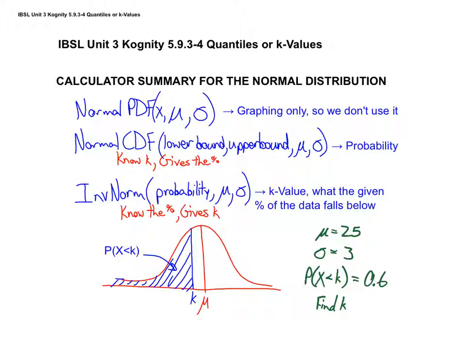Now, what do I know about that value, first of all? How are you supposed to know anything about x? Well, think about what you do know in the problem. If I wanted the probability that x is greater than k, it would be 0.4. What else can we tell here?